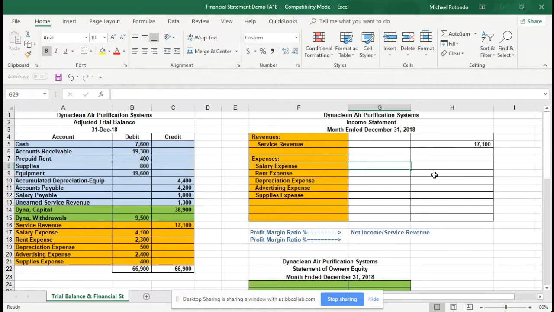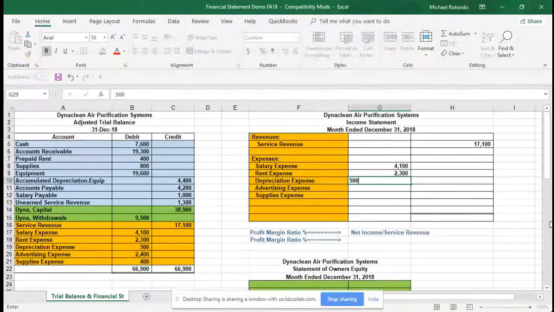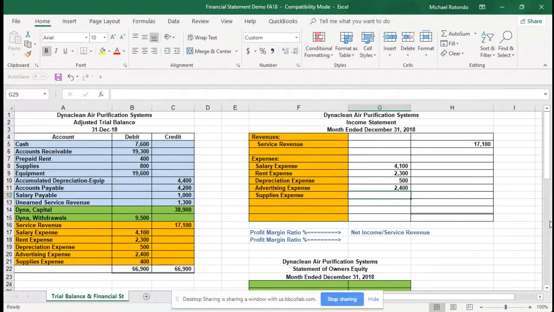So okay, we're going to list these now in the addition column because we have multiple items. So for salary expense, we have $4,100. Rent expense, we have $2,300. Depreciation expense, we have $500. Advertising expense, we have $2,400. And supplies expense, we have $400.